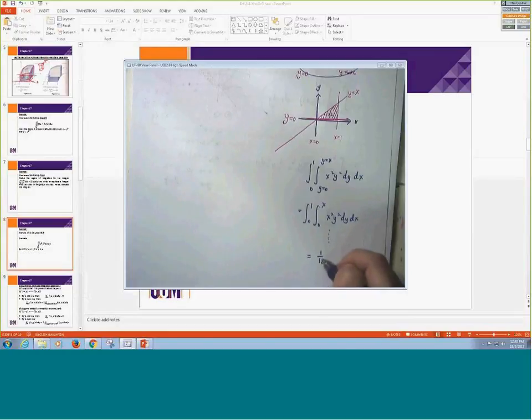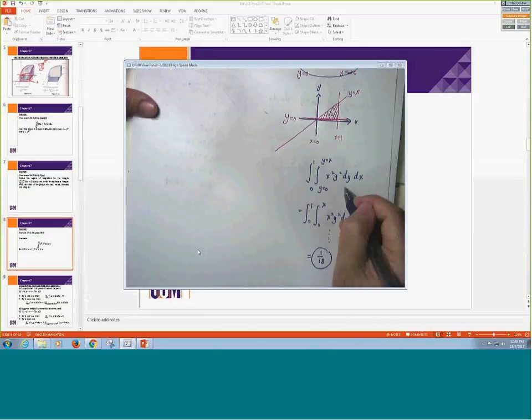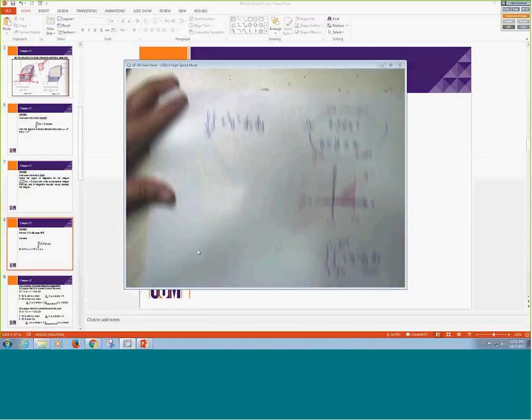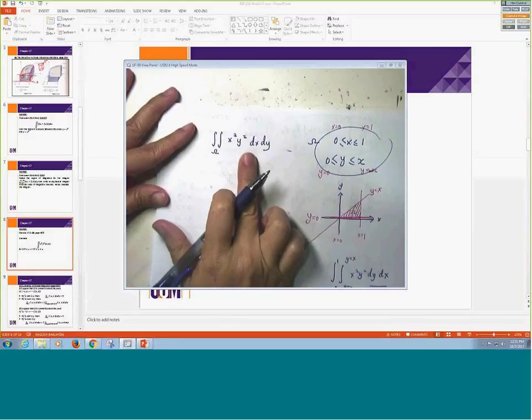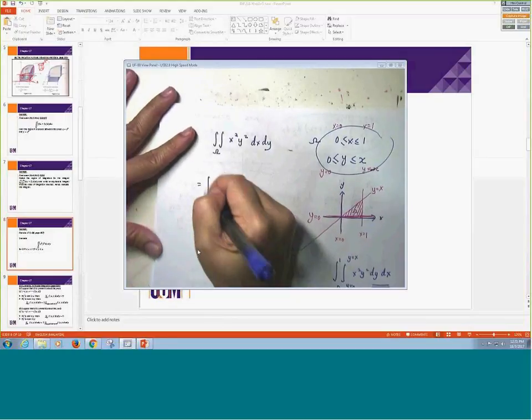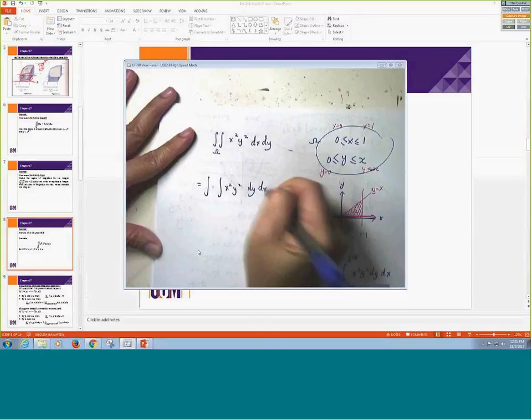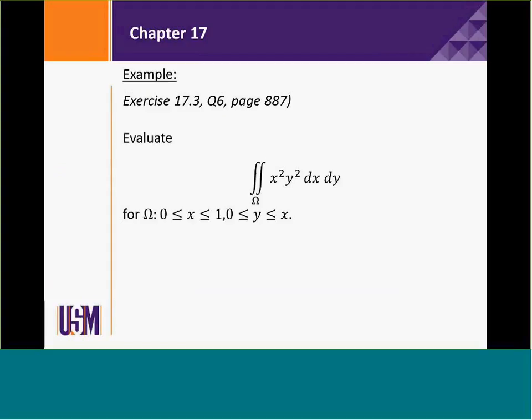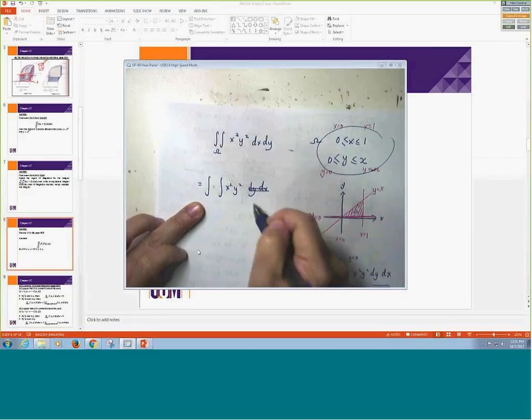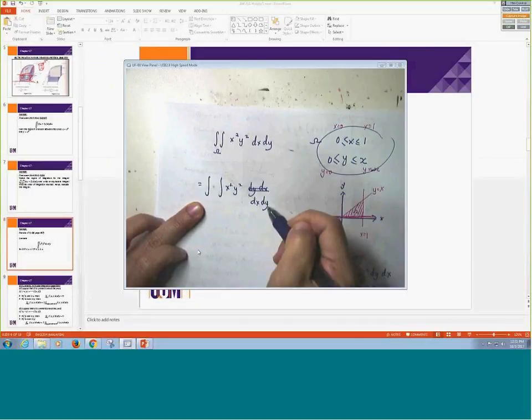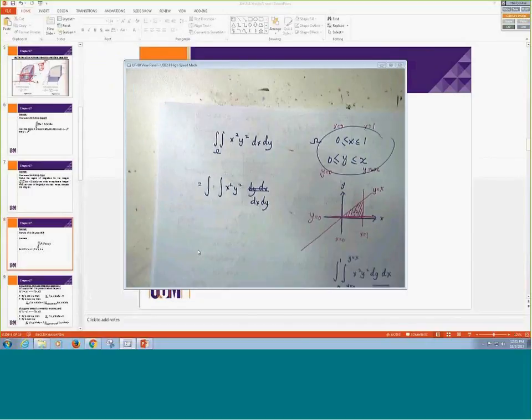Okay, this is easier. But the question now, instead of dy dx, would like you to write in dx dy. So in order to write in dx dy, look at the region omega. For dx dy, y should be constant. When y is constant, it means a horizontal line.